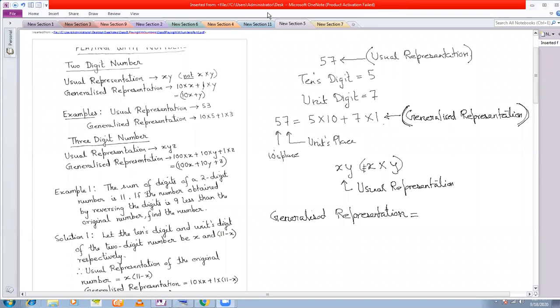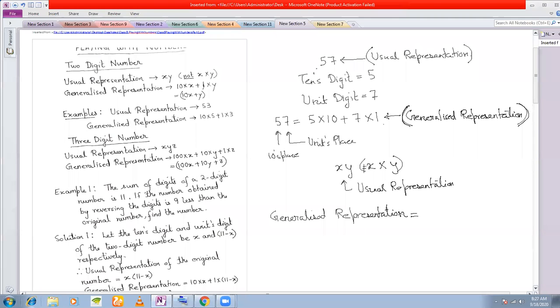Yes, x multiplied by 10 plus y multiplied by 1. You are right, but why is it so? It is because if you compare xy with 57, this is your tens place and this is your units place.